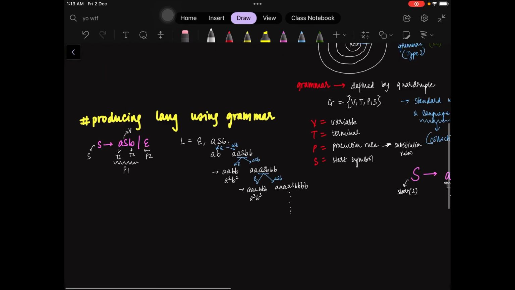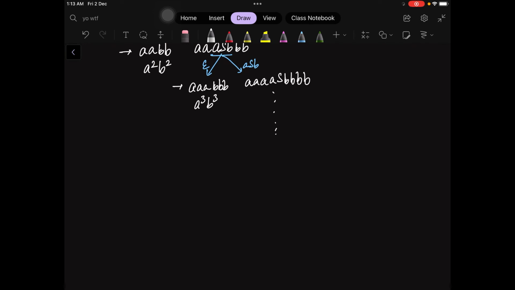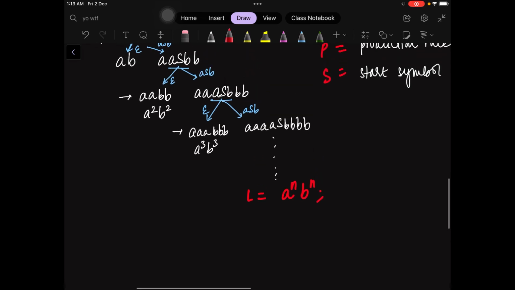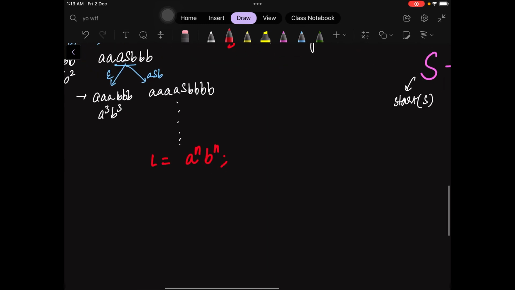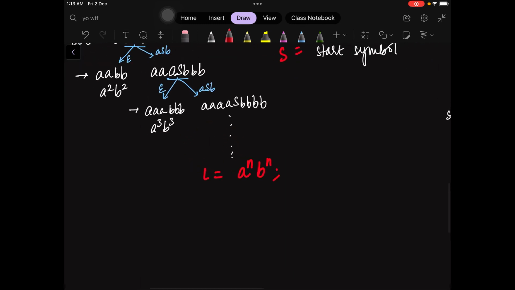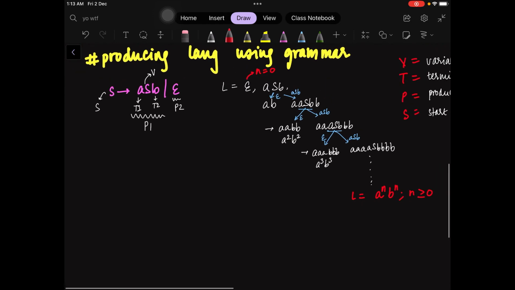And I think we would come up with a situation where we can finally say that our language can be A raised to n B raised to n, right? Now what is the shortest our n can be? As you can see, n is equal to 0, and then we keep increasing it, so n is greater than or equal to 0. This is how we produce a language using the given grammar.